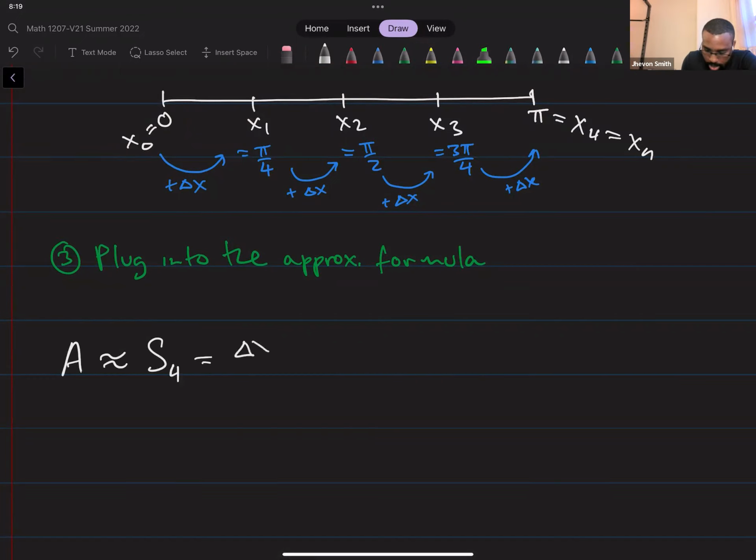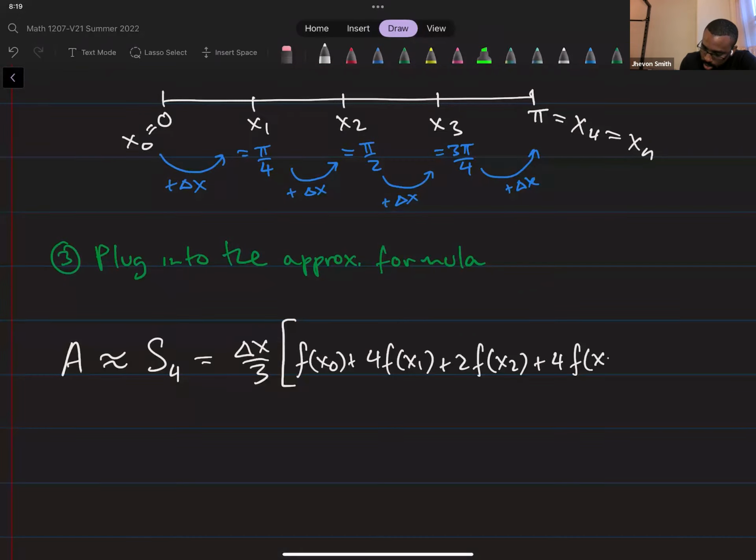That's given by delta x over 3 times f of x0 plus 4 f of x1 plus 2 f of x2 plus 4 f of x3 plus f of x4. So remember, first one is just f of x0. Then you start alternating with 4, 2, 4, 2, 4, 2. The middle would start and end on the 4, but alternate between 4 and 2 in the middle.